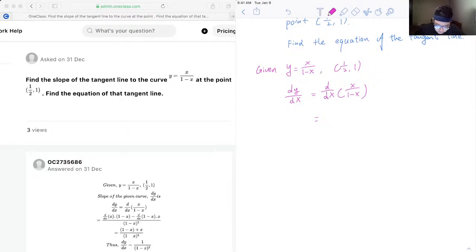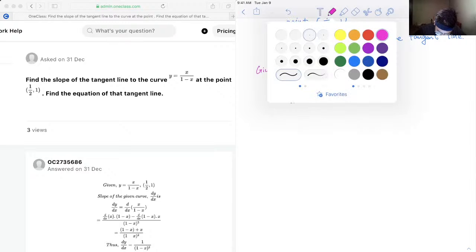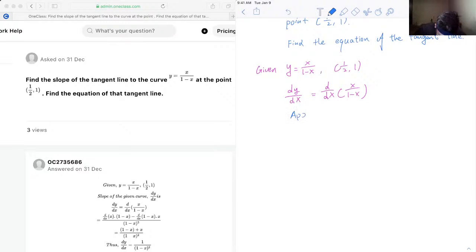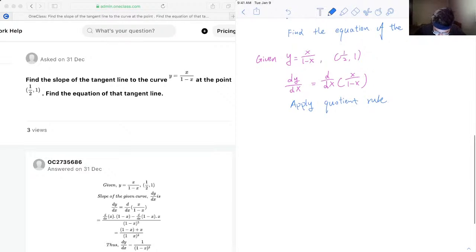From the quotient rule, we will have the derivative of x times 1 minus x, minus the derivative of 1 minus x times x, over 1 minus x squared.